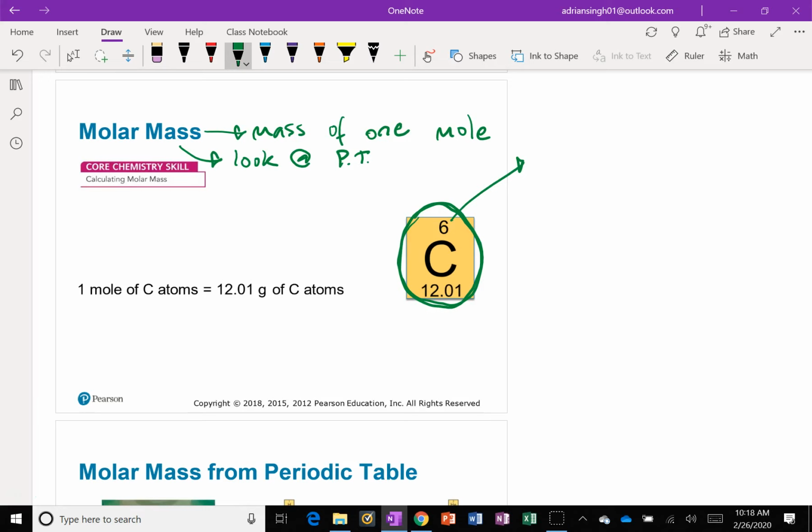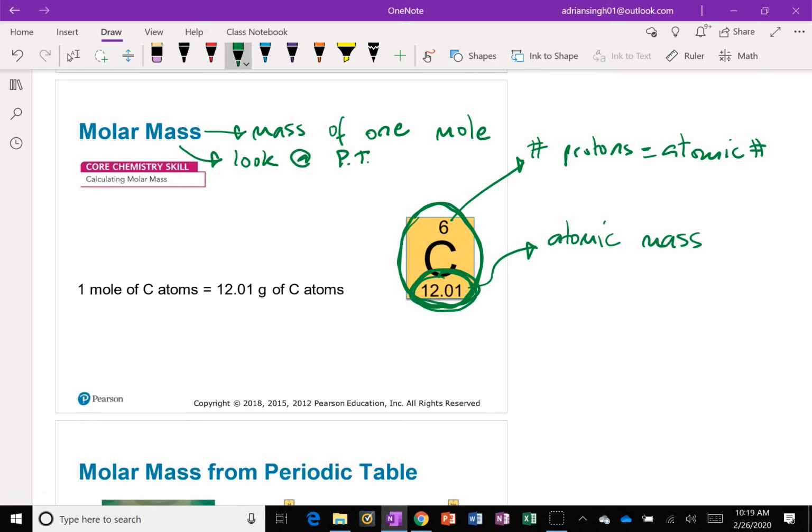Number of protons, which is also called the atomic number, right? That's how the elements are arranged on the periodic table. Yes? And what does this number underneath mean? What is that called? That's the atomic mass or the atomic weight, right?